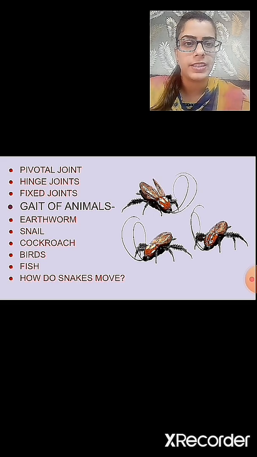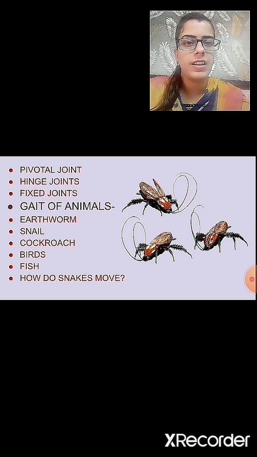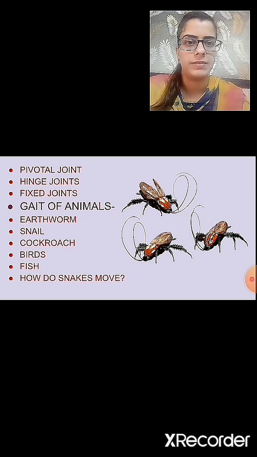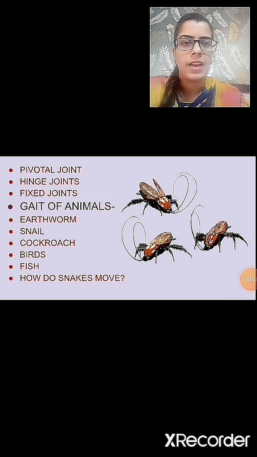We have also studied about the gait of the animals, that is the different movements that we see in the animals. We have studied the different movements in the animals like earthworm, snail, cockroach, birds, fish. And we have also studied how the snake moves. So now one by one we will revise all these topics.